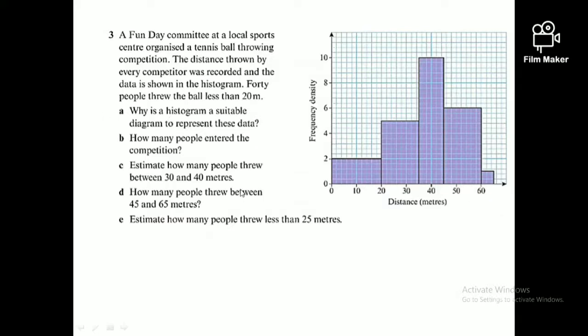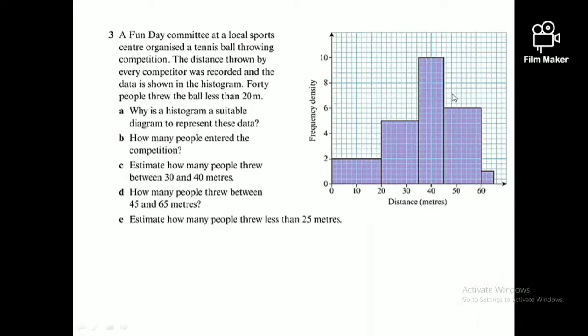That's the first method. Other than that, we know that this width is 20 and this width is 2. This height is 2. So the area over here is 20 into 2, which is 40. 40 represents 40 people. That means each square represents 1. Then we count the total area.